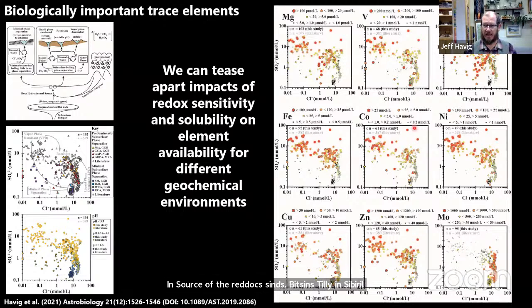And so, for example, manganese has some actual very high concentrations that are present in some of these remixing zones where you have intermediate pH. So there's some interesting things going on with manganese, for example. Molybdenum is present as an oxyanion, and so it comes from the deep source, is concentrated in that residual liquid phase, relatively low in the vapor phase.